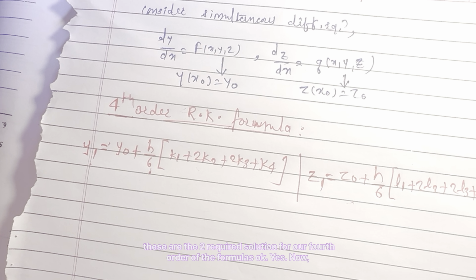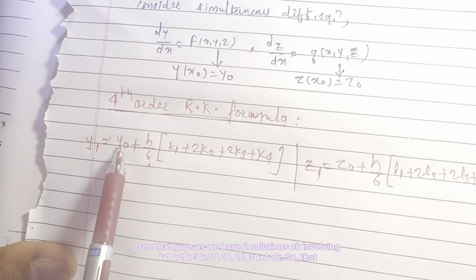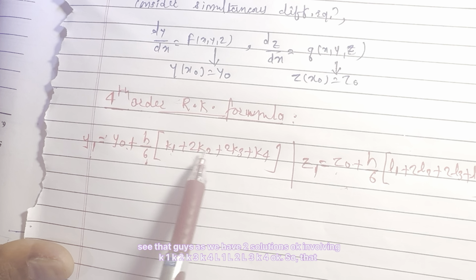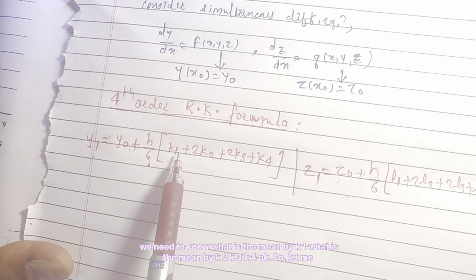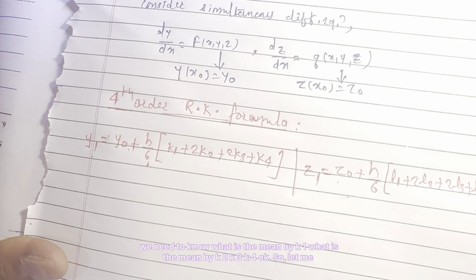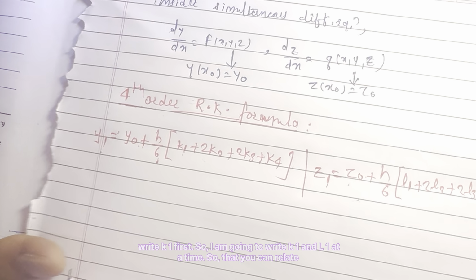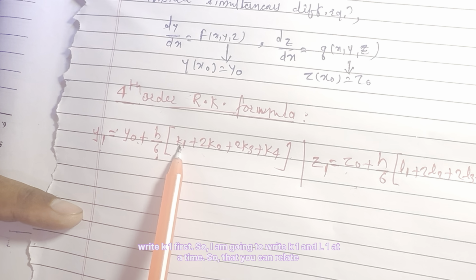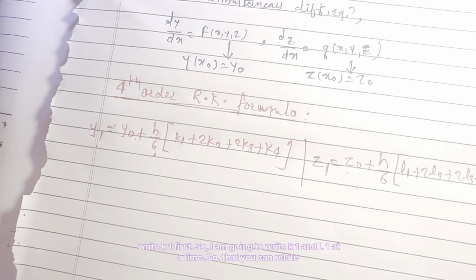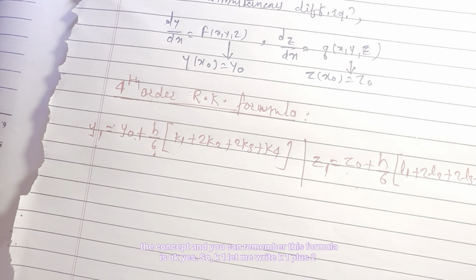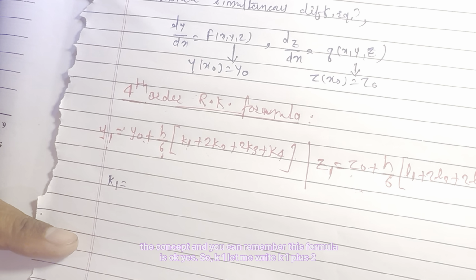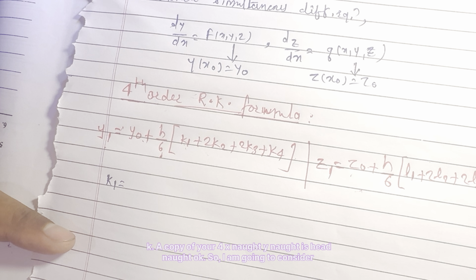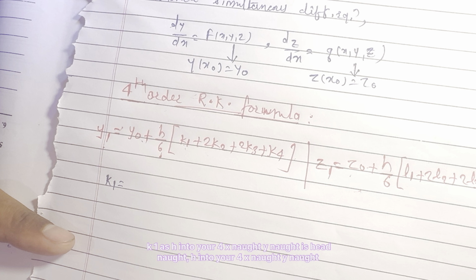Now, as we have two solutions involving k1, k2, k3, k4, l1, l2, l3, l4, we need to know what is meant by k1, k2, k3, k4. So I'm going to write k1 and l1 at a time so that you can relate the concept and remember these formulas. k1 is h into f of x naught, y naught, z naught.